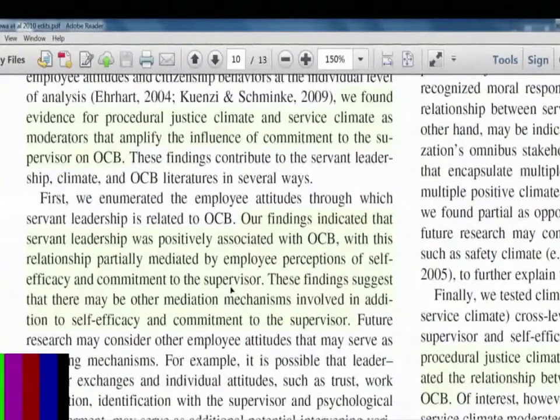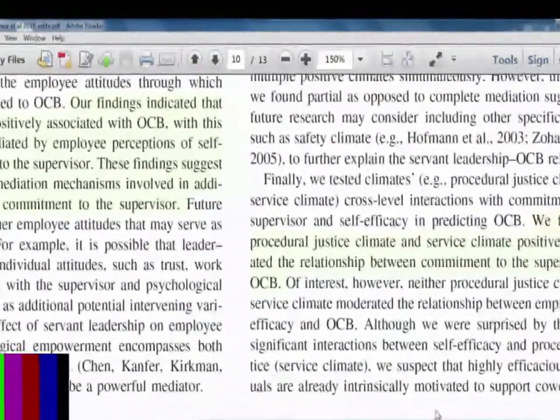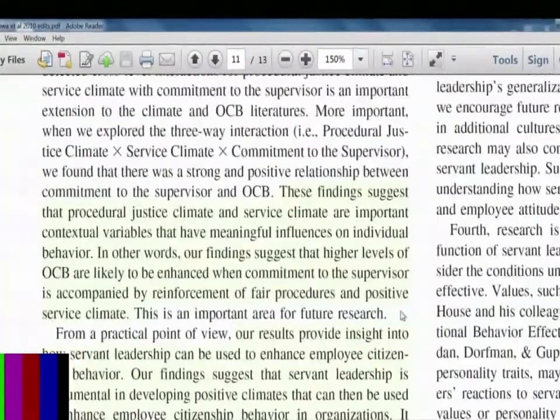So the greater the level of servant leadership, then the greater the people feel, or the individual feels about themselves, and the more committed they feel to the supervisor, so therefore they're going to do more for the organization. So it's starting to make a little bit of sense. It's still a little bit in more academic terms, but then you're going to start seeing some things that talk about it in normal business terms.